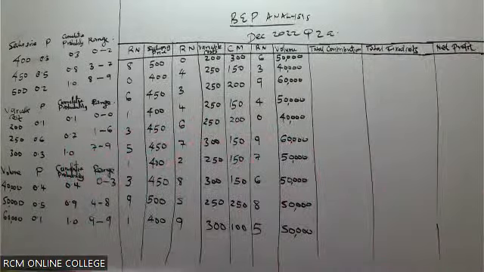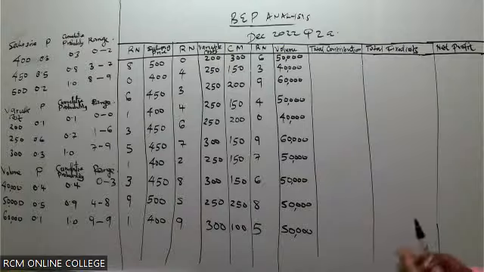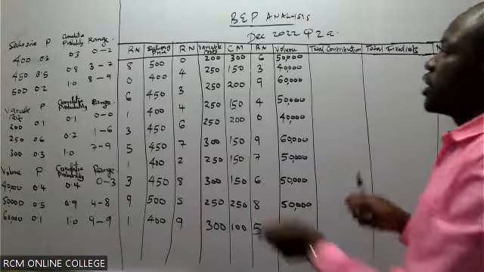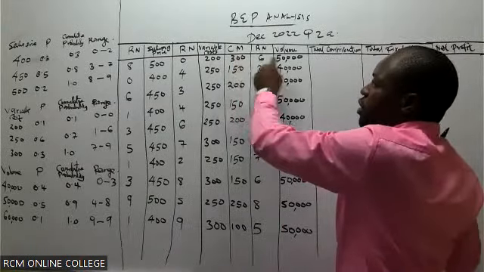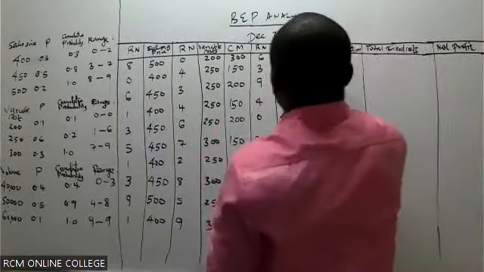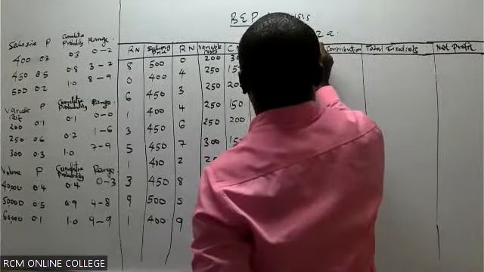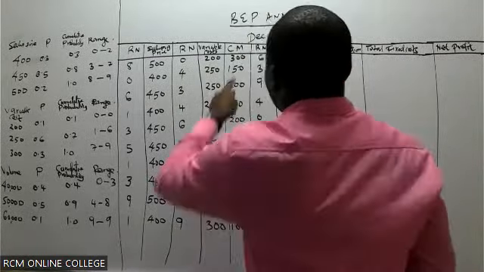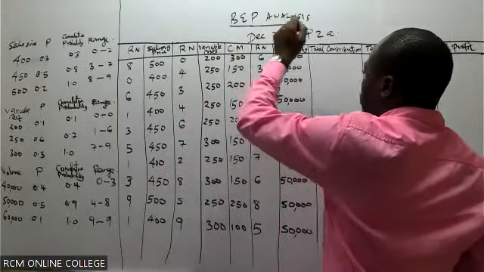So once that is done, we should be able now to get total contribution. How can we get total contribution? We take contribution margin per unit multiplied by the unit or volume. So this one here, just know it is quantity. Contribution margin per unit multiplied by volume, what will we have?